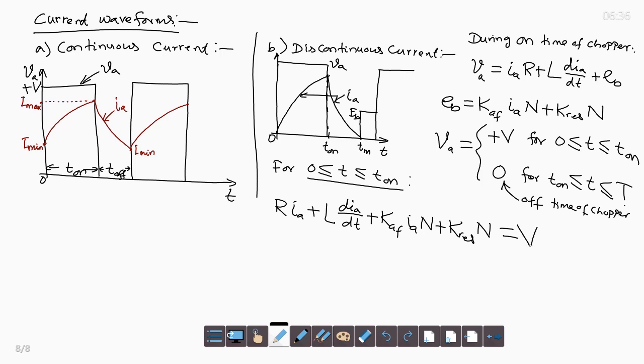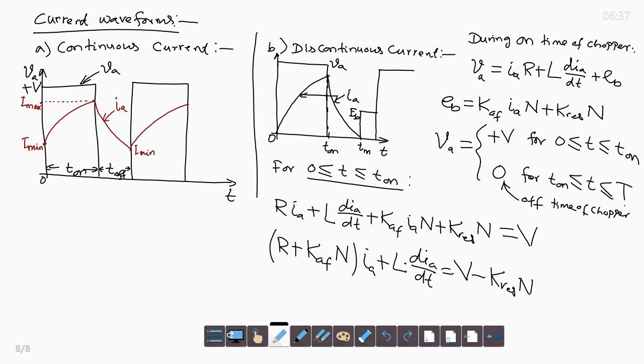Now you have to solve this differential equation to find the expression of the armature current IA. So let us combine the terms. R plus KAF into N times IA plus L into dIA by dt equals V minus K residual into N. So in the last equation you see this is a simple RL circuit.